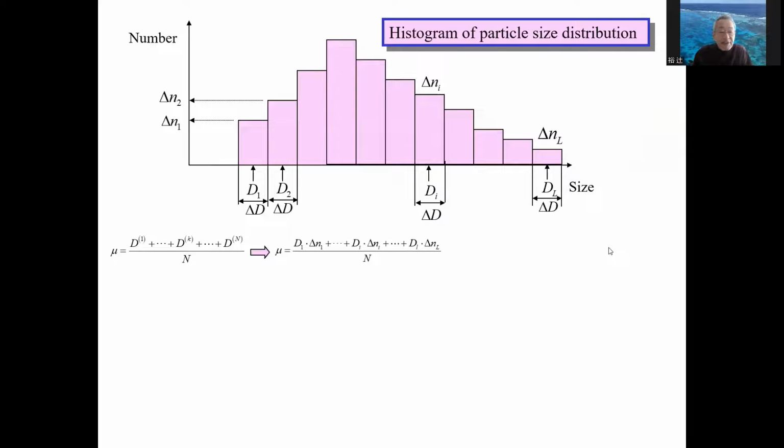The representative size multiplied by the number of particles of a group approximately gives the total of particle size of a group. That is, Di times delta Ni is the total of the particle size of the Di group. So the numerator of the first equation can be replaced by the second equation.